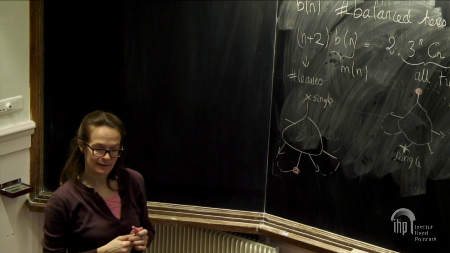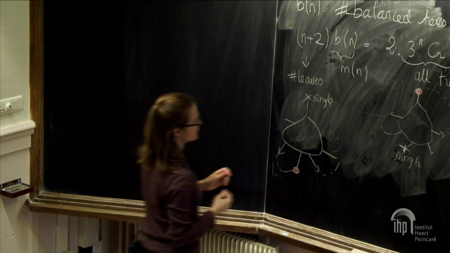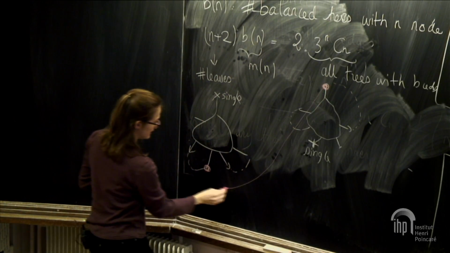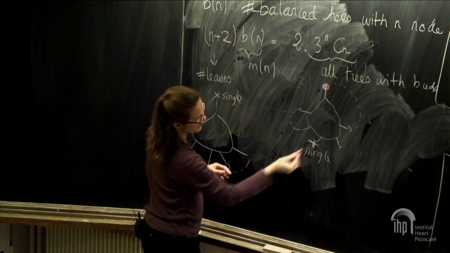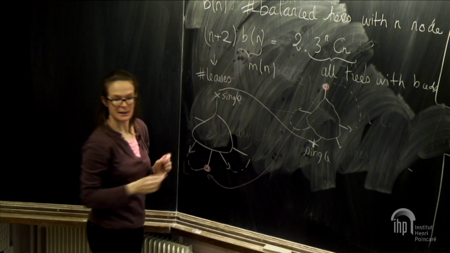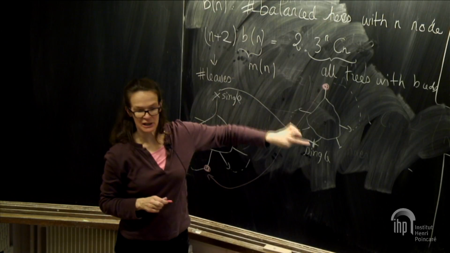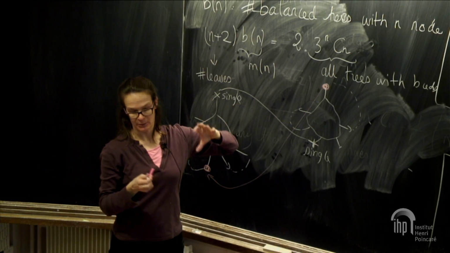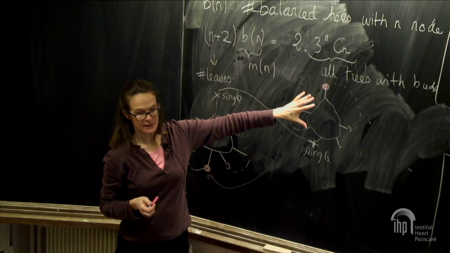Sorry, this process, are you changing the root? Yes, precisely. So the root, the former root, is now a marked leaf. And the marked single leaf has become the root. So it's exactly a rerooting argument. I have a doubly rooted structure with two distinguished leaves that can actually be the same if this tree happens to be already balanced.